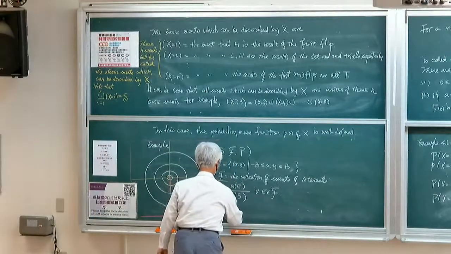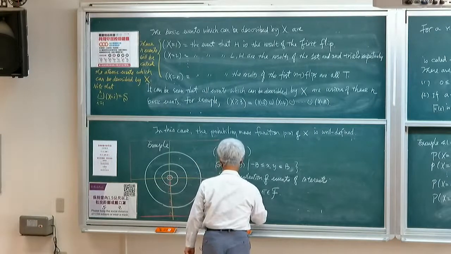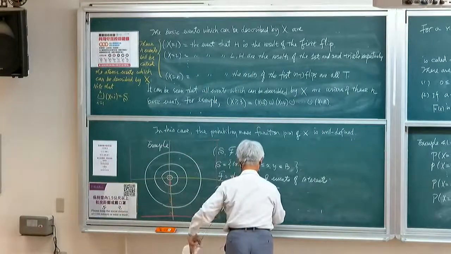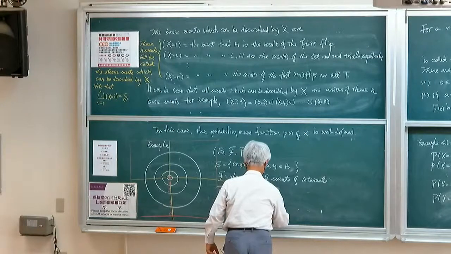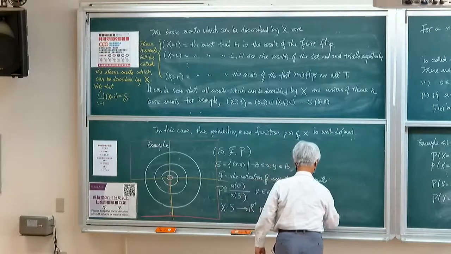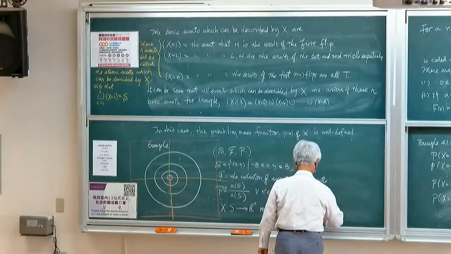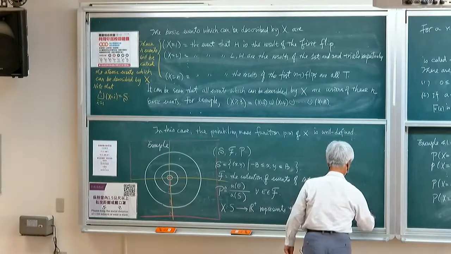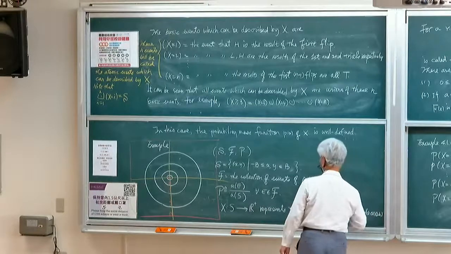Now, X from the sample space to R is the score. The point hit by the archer. Okay.